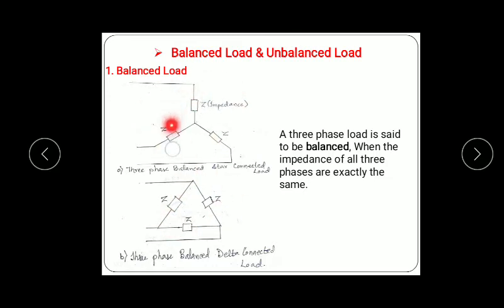We have three phases, 1, 2, 3. A three-phase load is said to be balanced when the impedance of all the three phases is exactly the same. The impedance can be a combination of resistance plus inductive reactance, or resistance plus capacitive reactance.